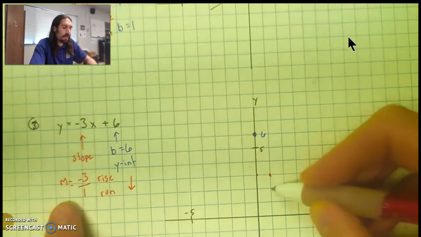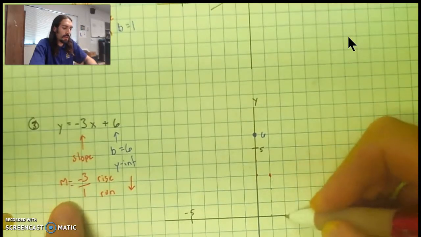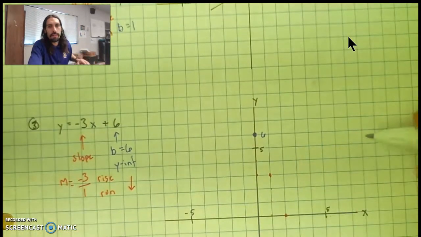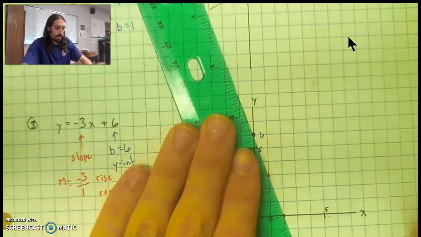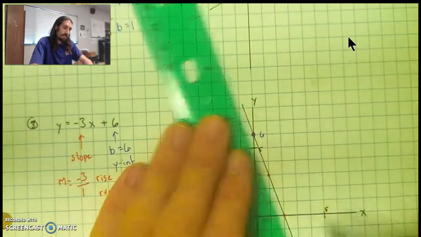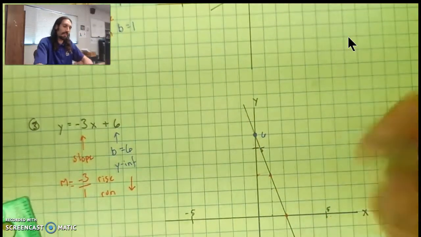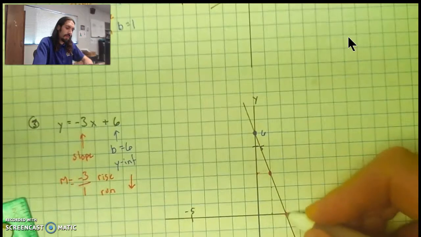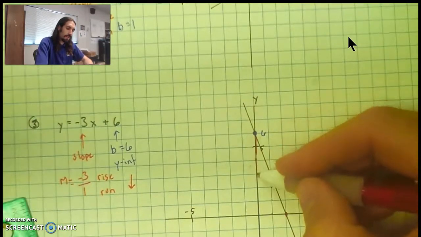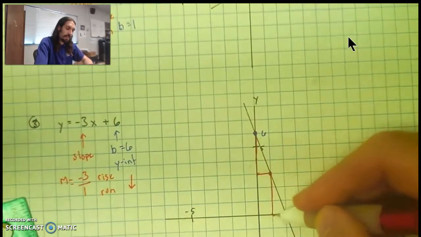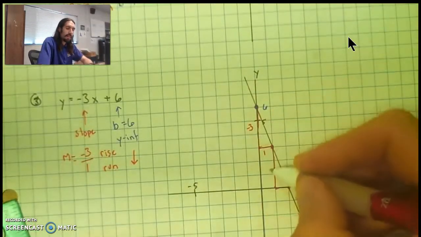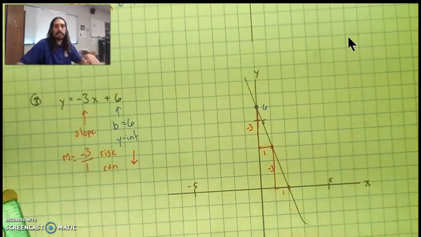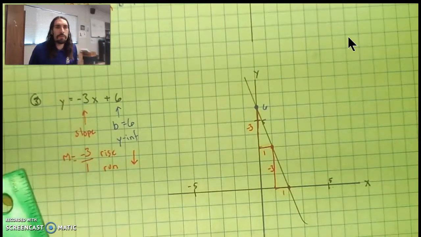So then I'm going to go down 1, 2, 3, and a run of 1. And so if we mark those points right there, we end up with a line that looks like so. And I'm just going to draw in those slope triangles, down 3 over 1, down 3 over 1. We can see that pattern like so. So that's just a quick overview when we are graphing our lines.